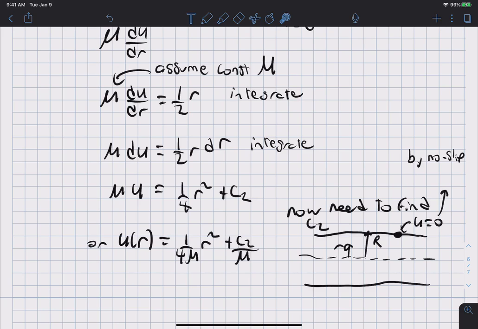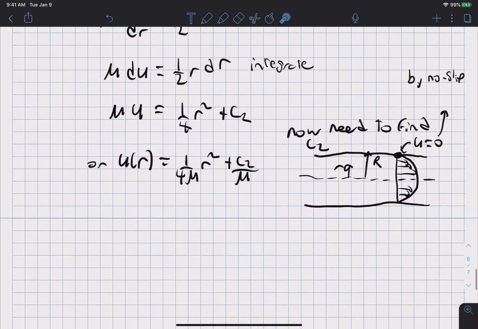What the no-slip condition really means is that the fluid velocity at the wall is equal to the velocity of the wall, which is 0. It's just a stationary pipe, and that's even borne out in the profiles that I've been drawing: the velocity profile is maximum at the center line and 0 at the walls of the pipe.